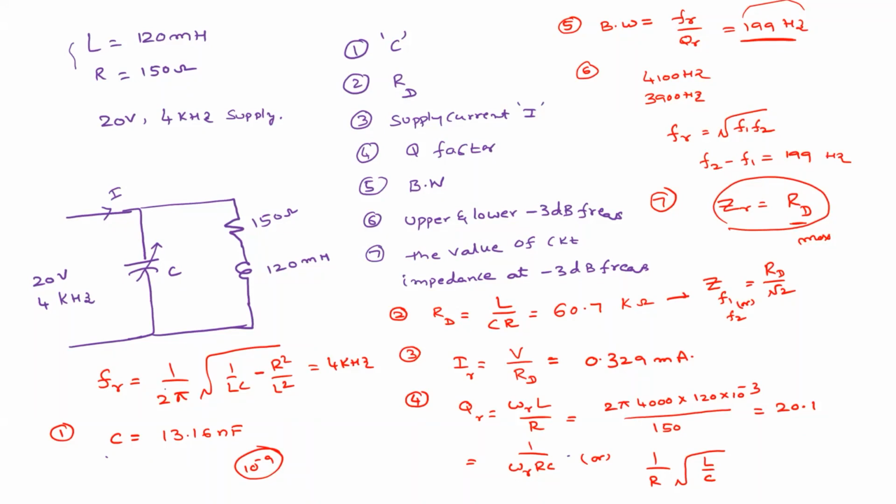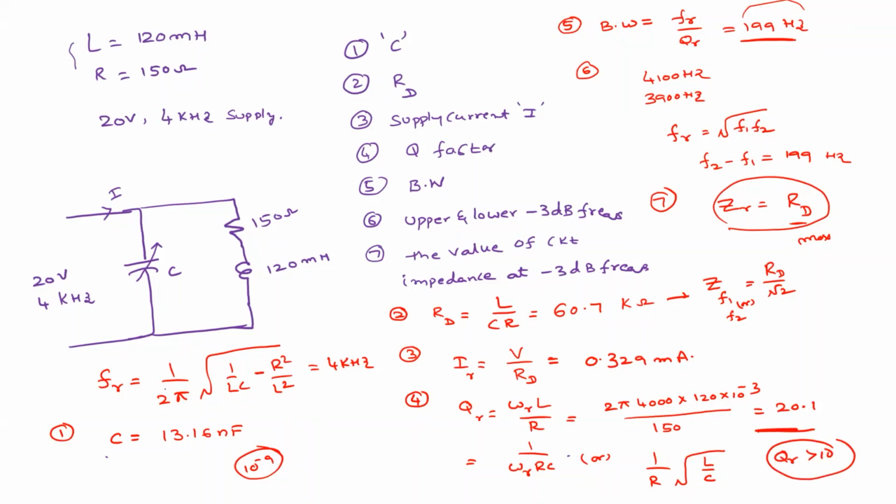While calculating F1 and F2 in the sixth question, can we take F1 and F2 symmetric about FR in every case, or only when QR is greater than 10? See, good question. Actually, if QR is greater than 10, they are almost symmetrically placed.